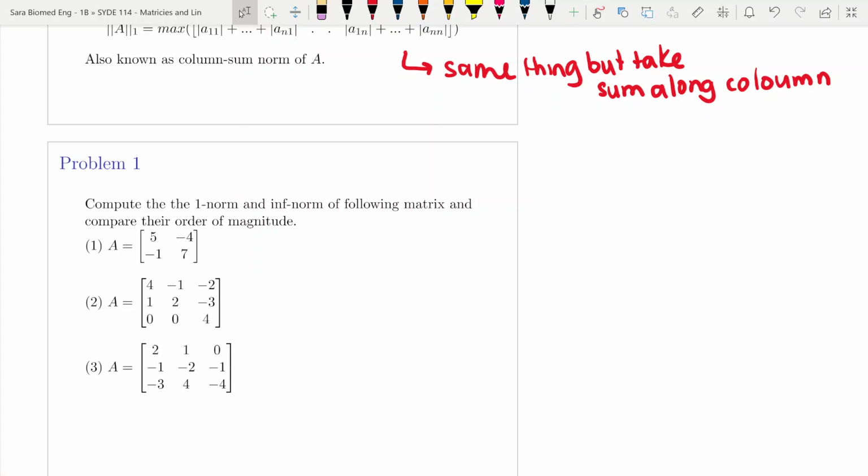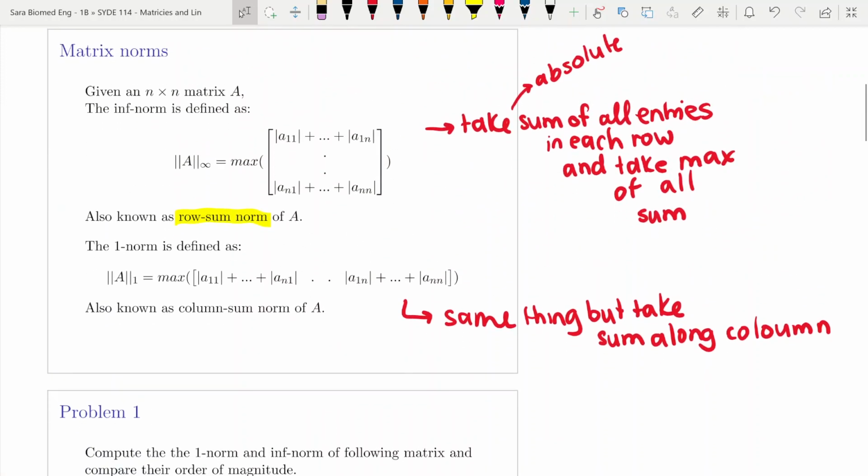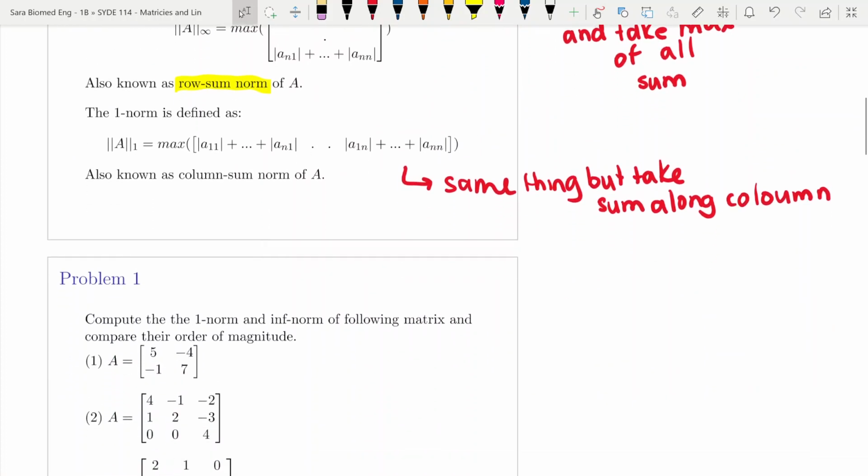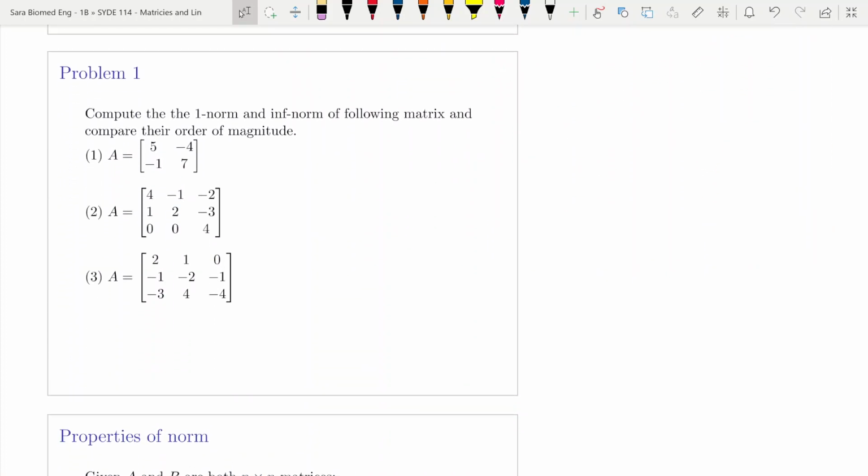In today's tutorial, we're going to stick with the inf norm. Hope this works because I'm supposed to show you some MATLAB code. Anyway, let's carry on.